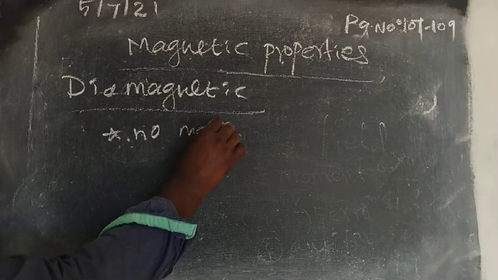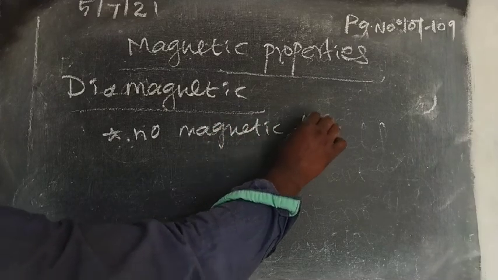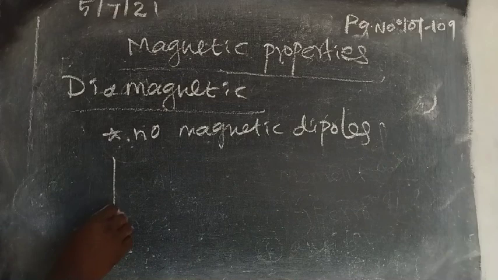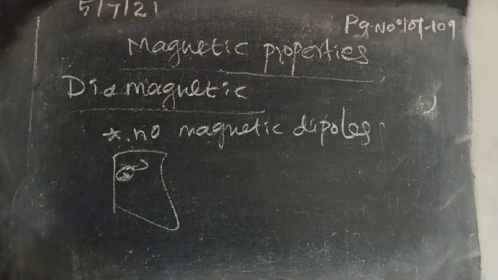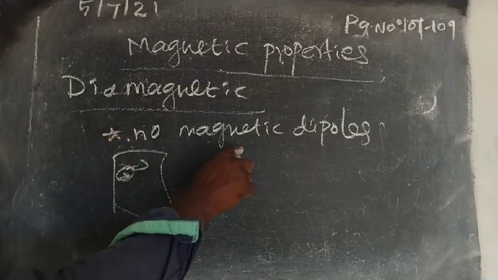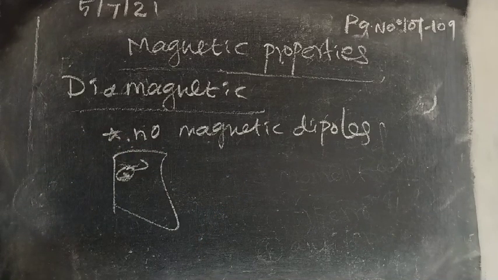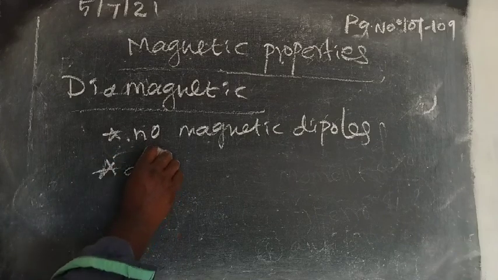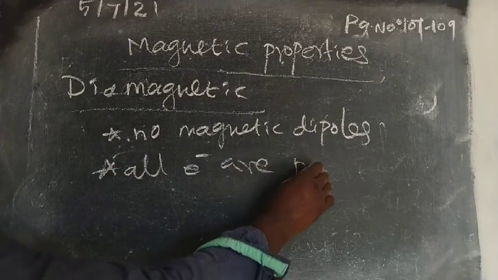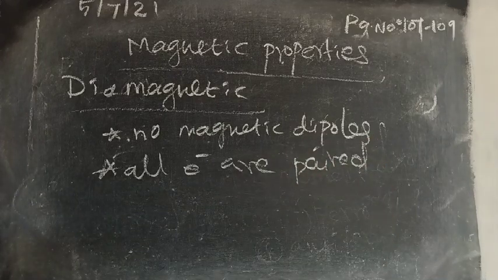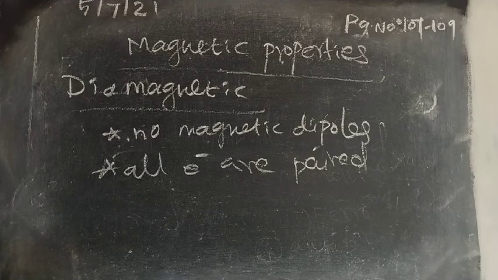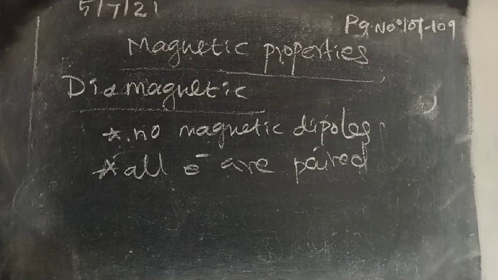So any metal which does not have any magnetic dipoles or interaction, but is repelled by an applied external field. Why do they not have magnetic dipoles? Because all electrons are paired in nature. All the electrons are paired, which means no magnetic dipoles. That's why they are called diamagnetic.